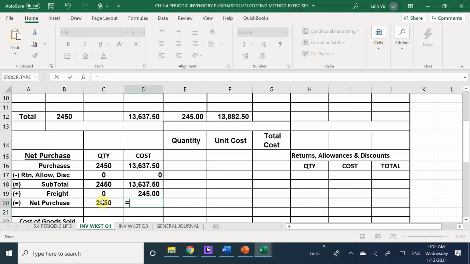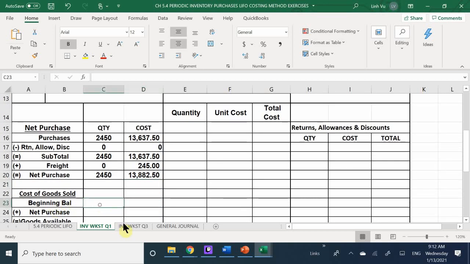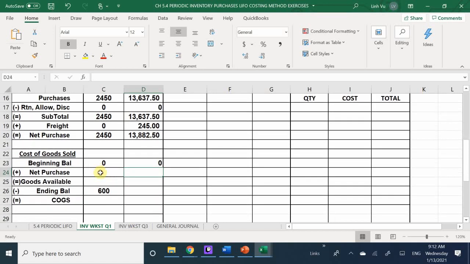We're going to add the 13,637.50 plus the 245 to give us a grand total of 13,882.50, which is our total purchases, and we can verify that right up here. Of course, we don't have beginning inventory because we're assuming we're starting our inventory in April.